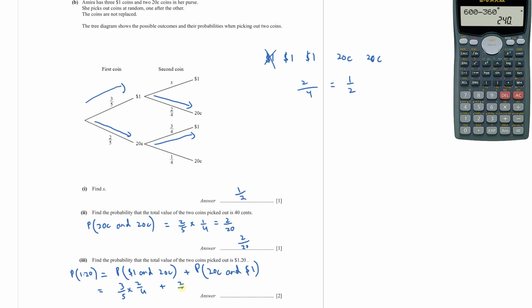This is 2 over 5 multiplied by 3 over 4. So this will be 6 over 20 plus 6 over 20, which is 12 over 20. So this is the probability that the value of two coins picked is $1.20.